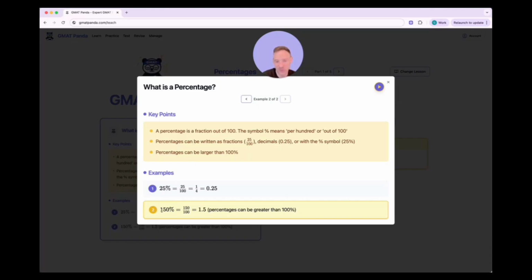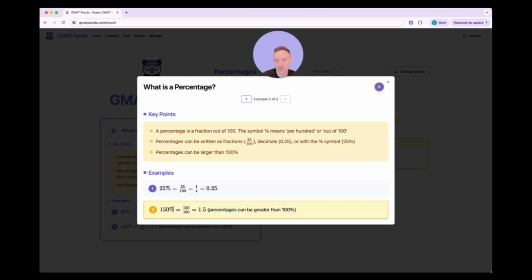So, for example, 150% is 150 portions of a cake that has 100 portions. So effectively, we're being very greedy here, and we're taking not just the whole cake, but we're taking half a cake extra. Okay, so 150% is equivalent to 1.5 whole cakes in this case.